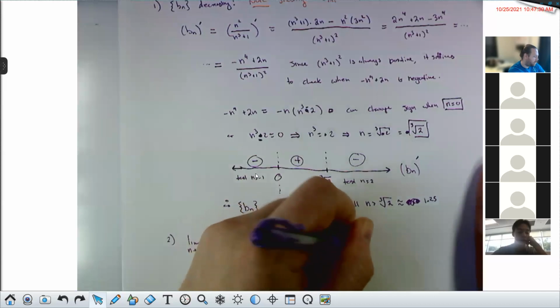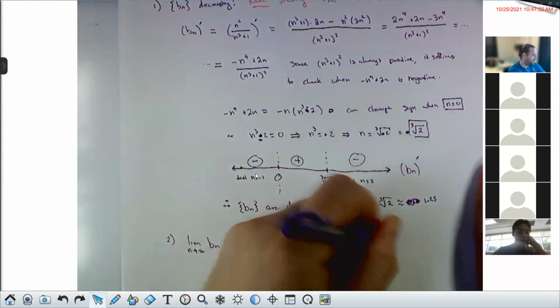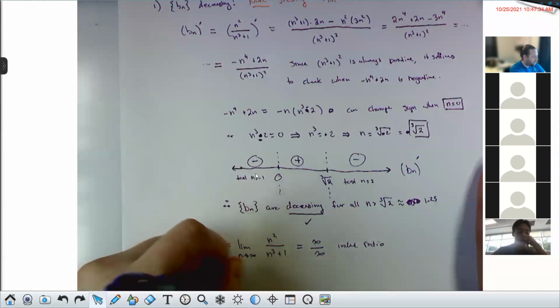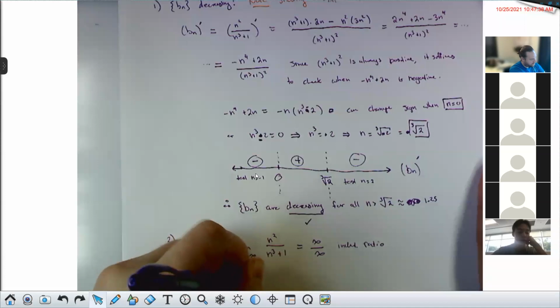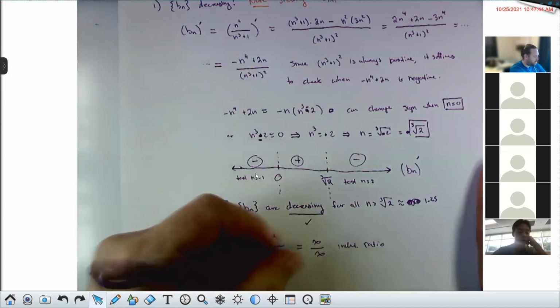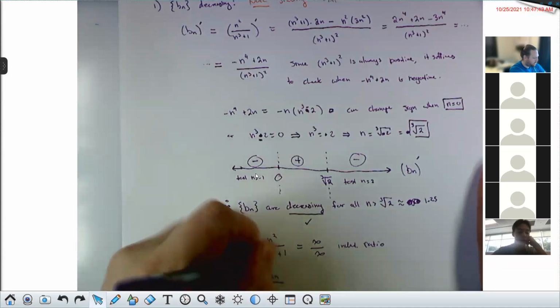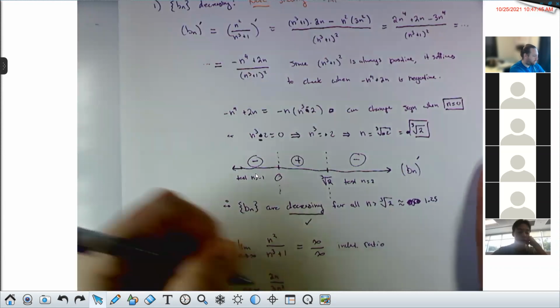So this is an indeterminate ratio. If I apply L'Hopital's rule, I get the limit as n goes to infinity. Yeah, one L'Hopital will do it. Upstairs you get 2n, downstairs you get 3n squared.